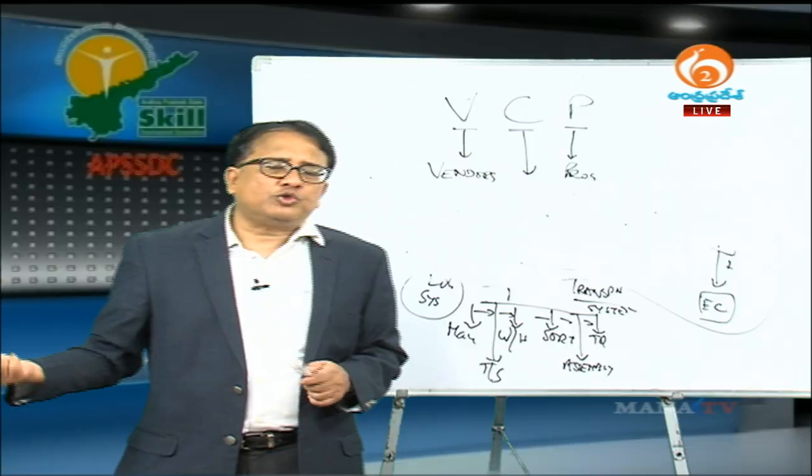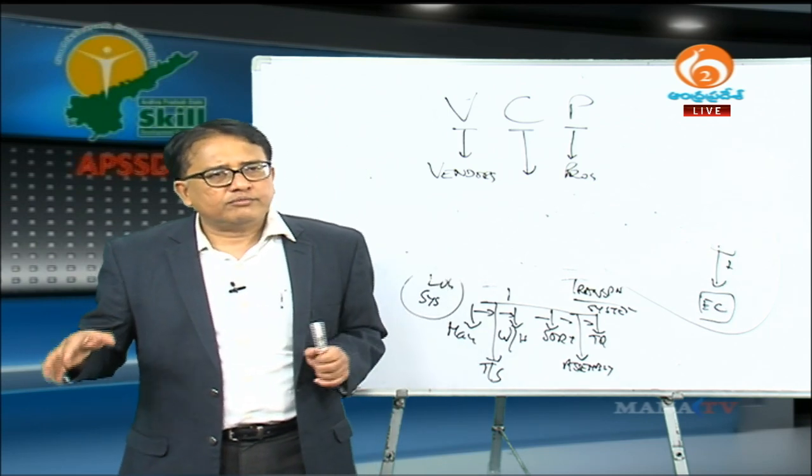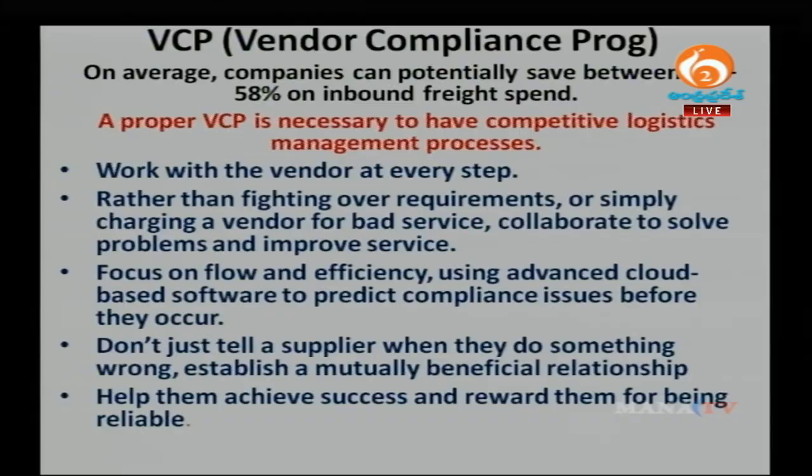Let us first go through the slide and see what this vendor compliance program is all about before we discuss it in detail. So we see on average companies can potentially save between 20 to 58% on inbound freight spend. A proper vendor compliance program is necessary to have a competitive logistics management process.